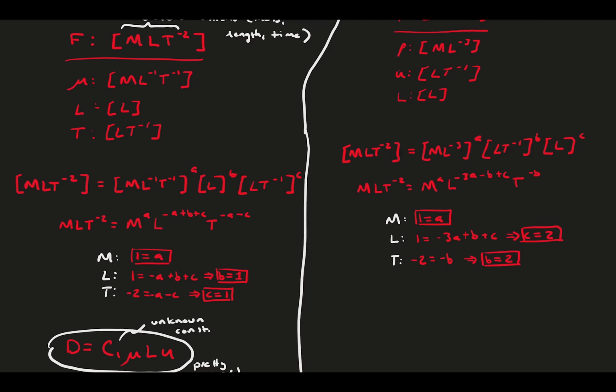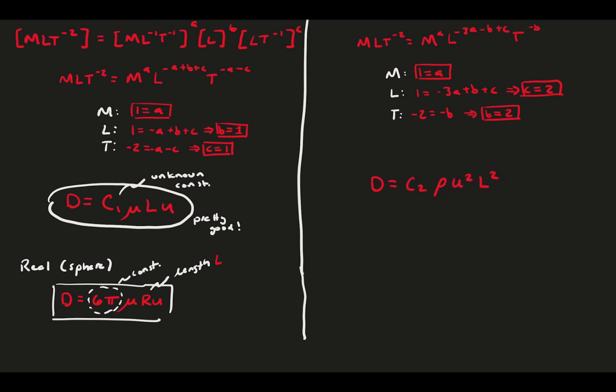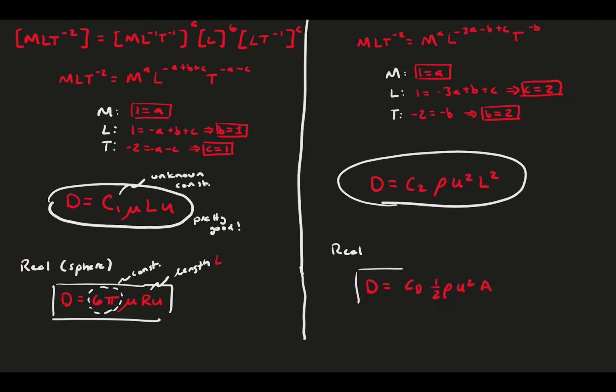In the end, we get that the drag force D goes as density times velocity squared times length squared. In reality, this D equals C_d times 1/2 rho u squared A, where C sub d is a constant that depends on the shape, which is called the drag coefficient, and A is an area that is equivalent to our length scale squared. Again, dimensional analysis gets us sufficiently close to the right answer, within a tunable constant.